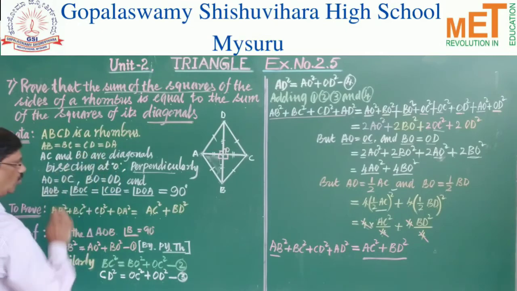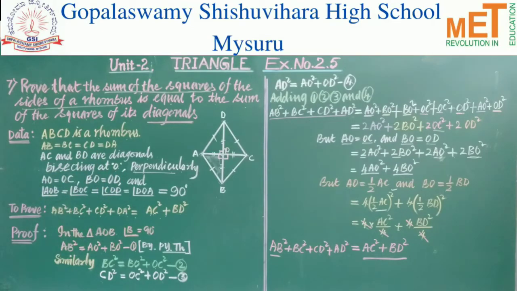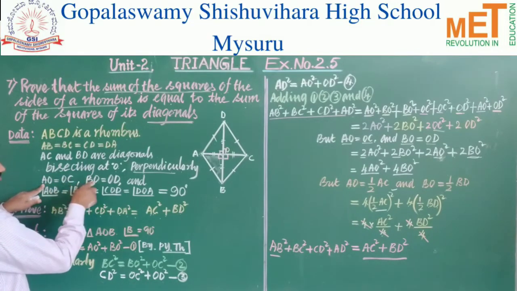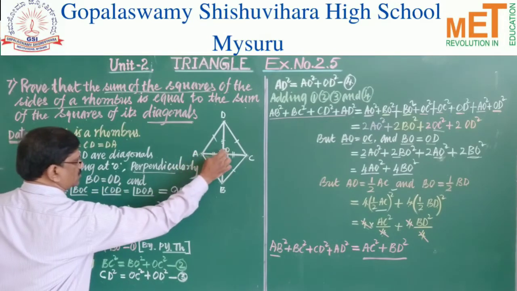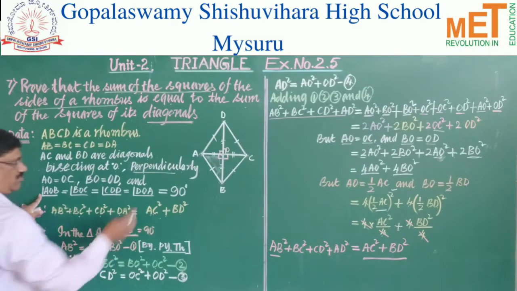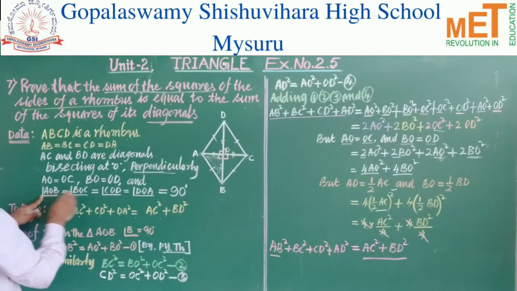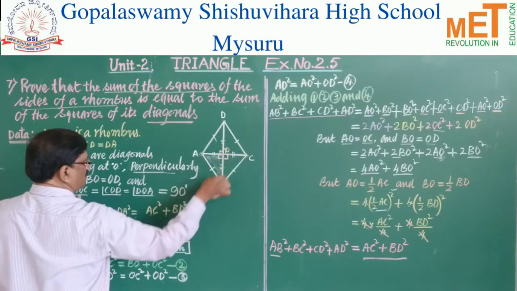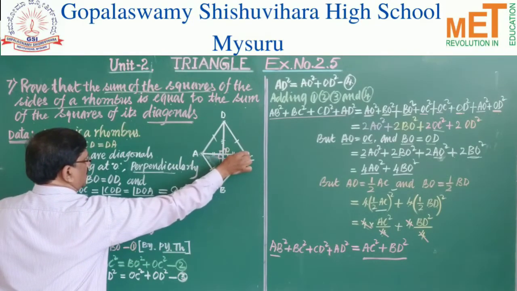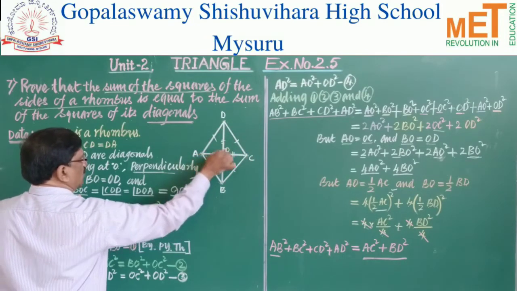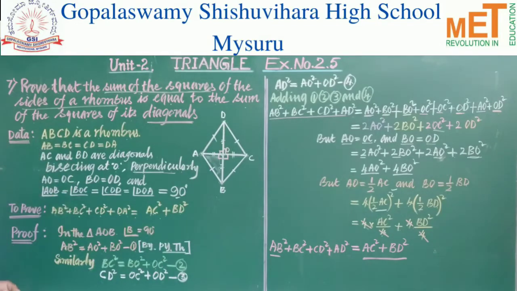Bisecting at O perpendicularly. Clear, children? Okay. So since they are bisecting, AO is equal to OC, BO is equal to OD. And perpendicularly means, that is, angle AOB is equal to angle BOC is equal to angle COD is equal to angle AOD is equal to 90 degree.